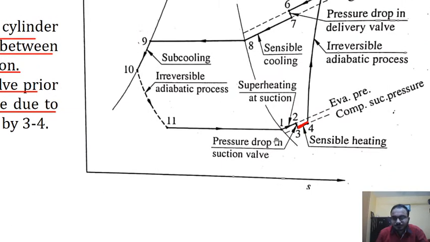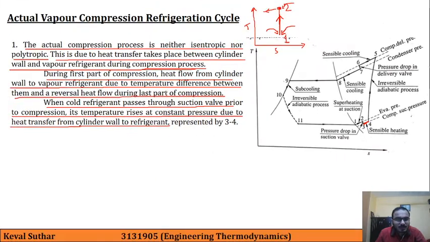So here the temperature rise which is happening at the beginning of compression is process 3 to 4, that is sensible heating, because the temperature of the refrigerant is lower than the surrounding temperature. That's why heat will be absorbed by the refrigerant through the cylinder wall and at the suction valve, which is represented by process 3 to 4.